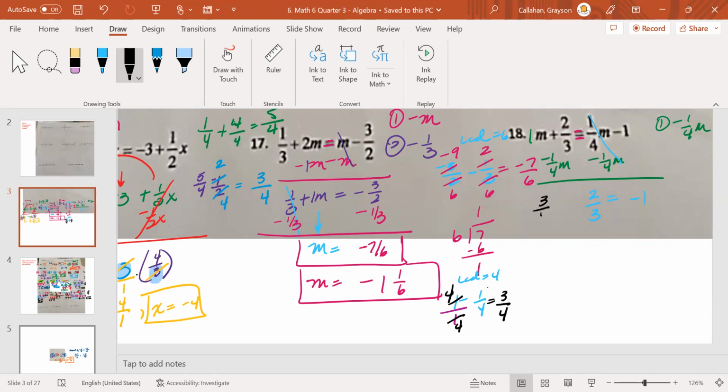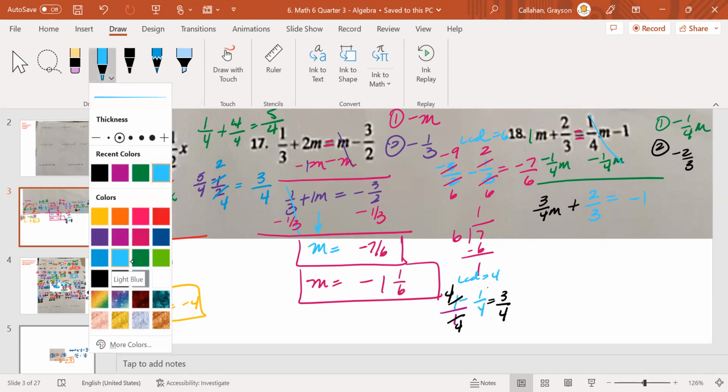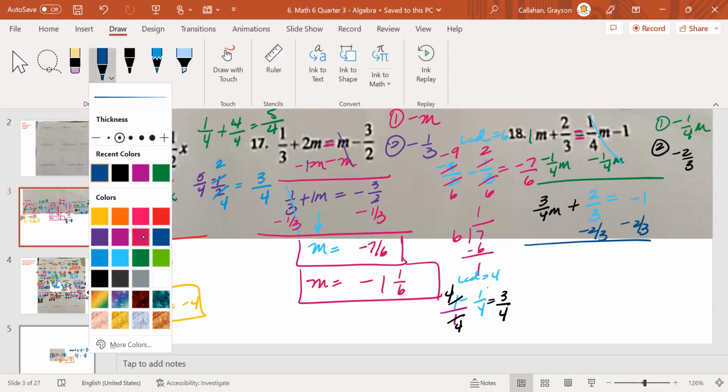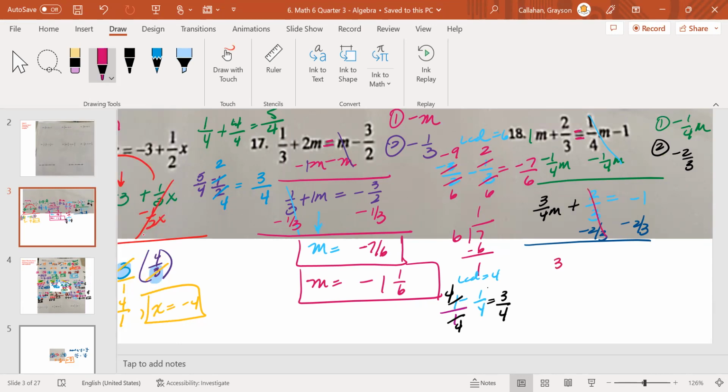So then I have 3/4m plus 2/3 equals -1. Second step, subtract the 2/3 on both sides. So when I do that, I'm going to go ahead and put minus 2/3, draw my line, cross that out, 3/4m equals, you want to do this on the side here.